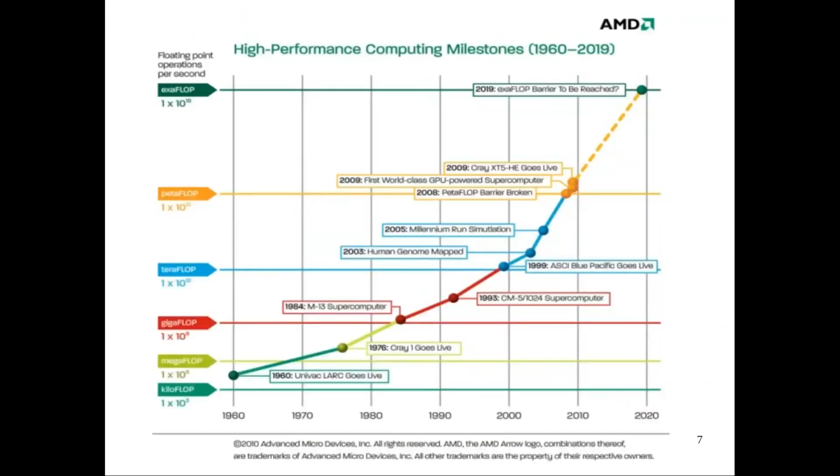If you look at the number of flops, flops is a measure of performance. Flops is floating point operations per second. In the early days, we had kiloflop as the measure, then megaflop, gigaflop, teraflop, petaflop, etc. And now we are in the exaflop era. The companies wanted to achieve these milestones.